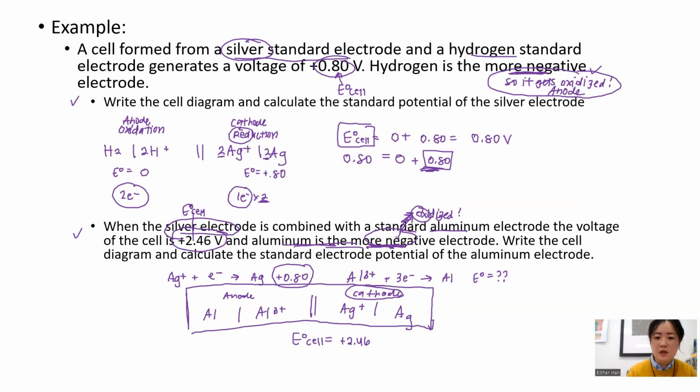Okay, so aluminum is the more negative electrode. We have oxidation happening, so we know that this is going to be taking place. The aluminum reaction will be our anode. We have aluminum turning into aluminum +3 over here, and I wrote out the chemical reaction for that right there. The cathode means that silver has to be reduction occurring.